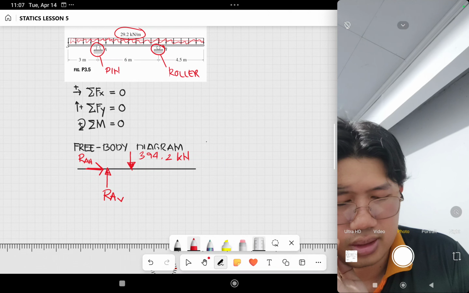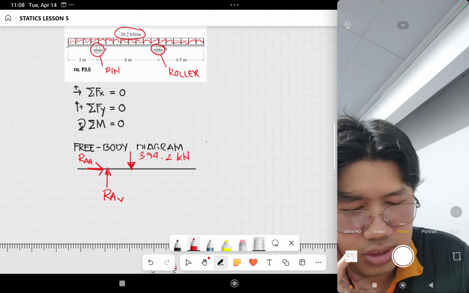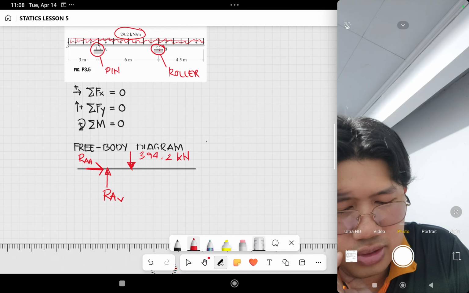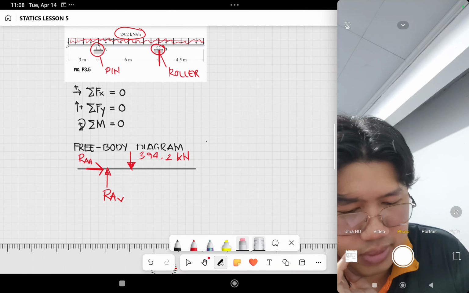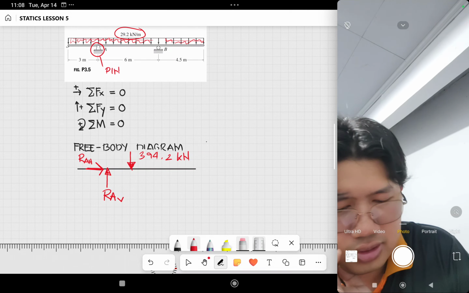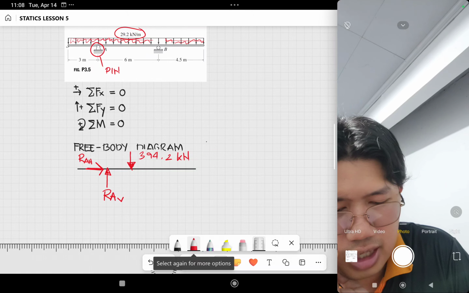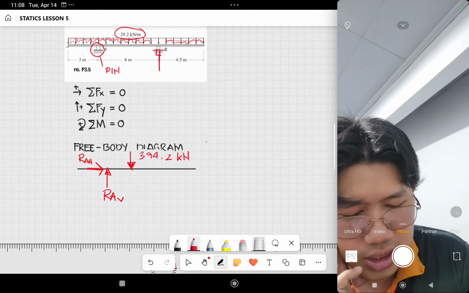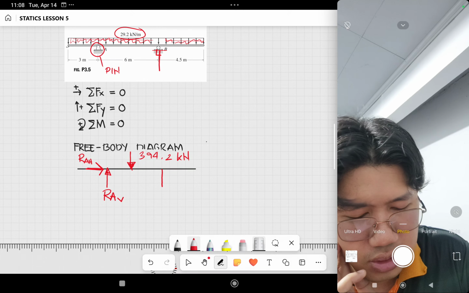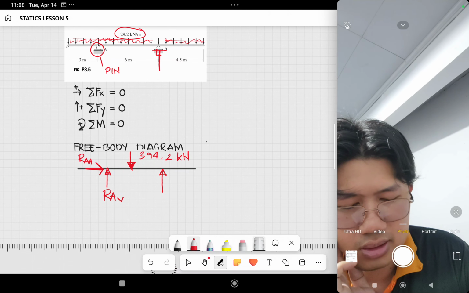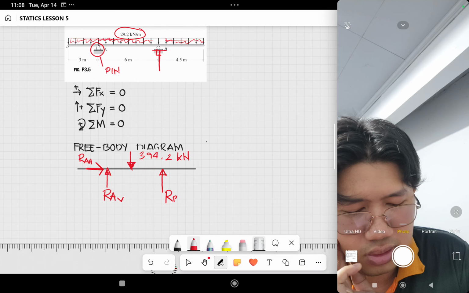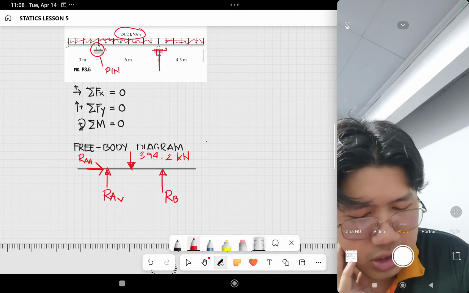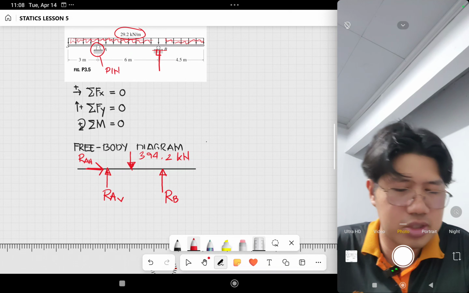Okay? And then we have a roller. So, roller, yung kanyang reaction is dependent sa direction ng surface. The reaction in the roller is always perpendicular with the surface. So, horizontal yung surface na pinagpatungan ng roller, so yung ating reaction sa roller is vertical. Okay? So, tawagin natin tong reaction sa B. Since isa lang siya, wala siyang component, hindi ko siya bibigyan ng subscript.